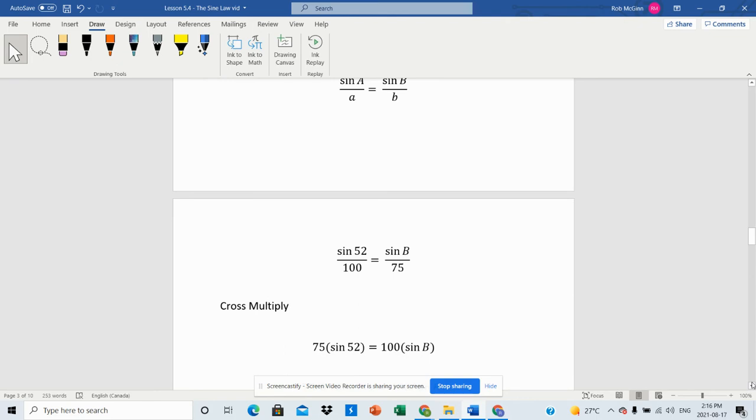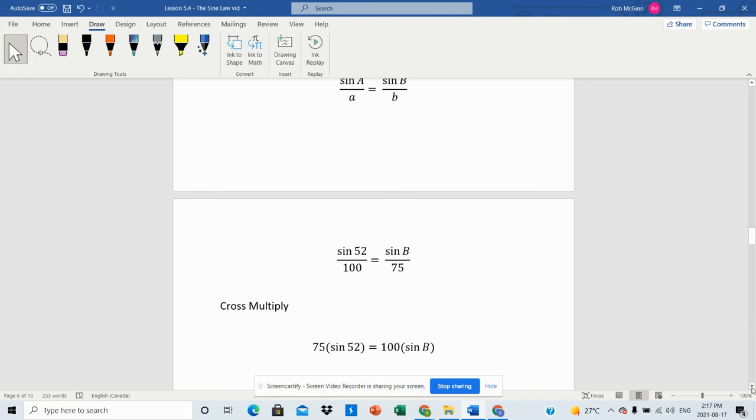Now I'm going to cross multiply. So remember, numerator from the first one times the denominator in the second equation. So we get 75 times sine of 52. And that's going to be equal to the denominator in our first ratio times the numerator in our second one. So 100 times the sine of b.